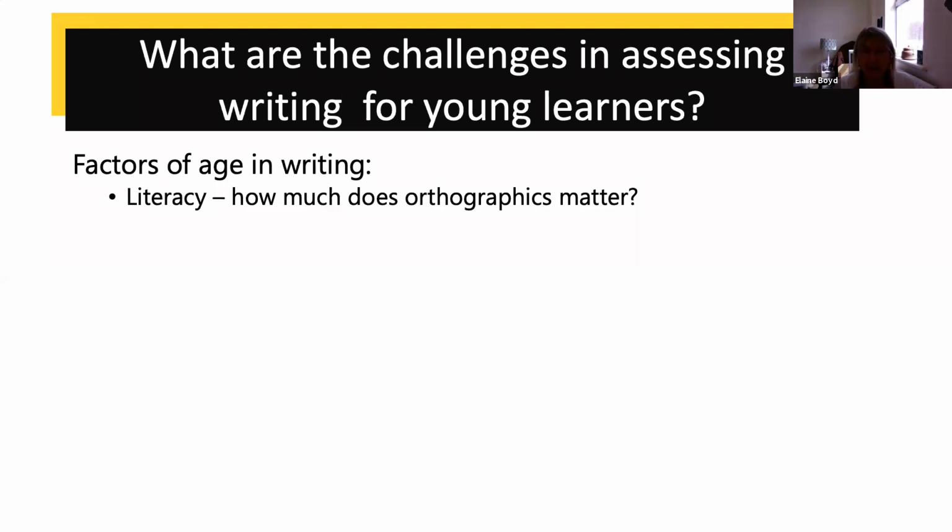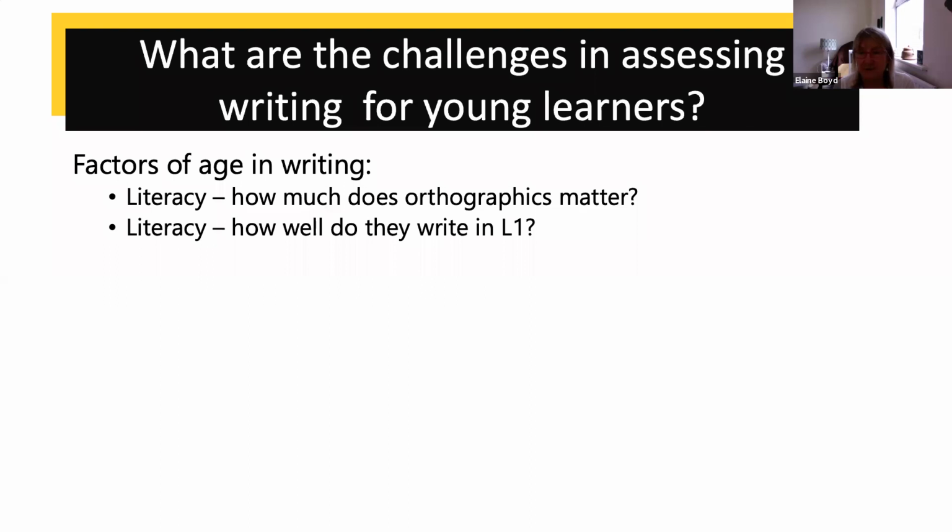So we might have different expectations in the first language and in a second or other additional language like English, and that might change the focus of our assessment. So we might want to decide about this based on what's happening in their first language.